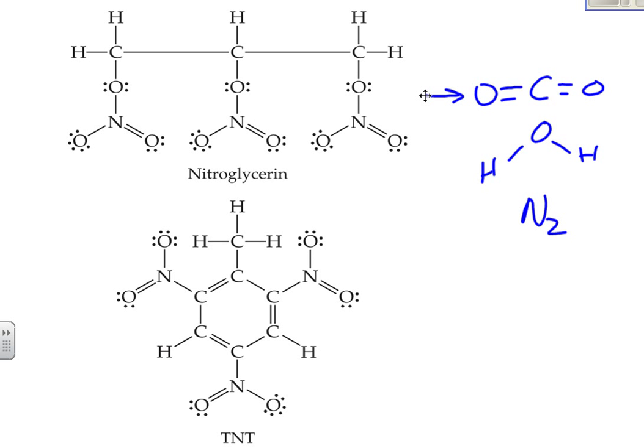Now remember that the N2 molecule is going to have a triple bond between the two nitrogens. That's a very stable state, so we've gone way, way down in terms of energy. So we can see that both of these molecules, the nitroglycerin and the trinitrotoluene, will go way down in terms of bond energies. So they release a lot of energy.